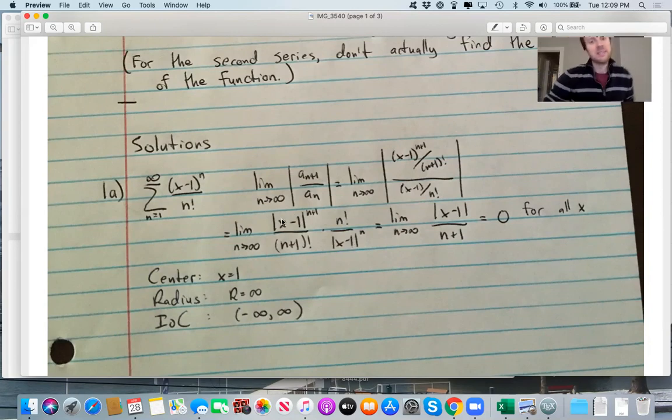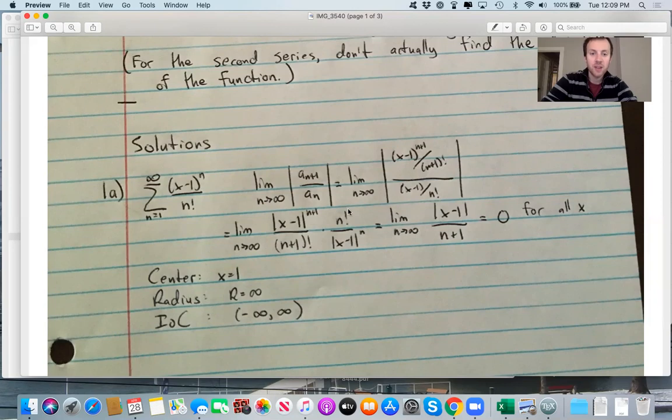And then, like happens whether it's a power series problem or not, we do some cancellation. With the absolute value of x minus 1, we get some cancellation because there are n factors on the bottom, n plus 1 on the top. If you subtract those exponents, you just get one single absolute value of x minus 1 on the top.